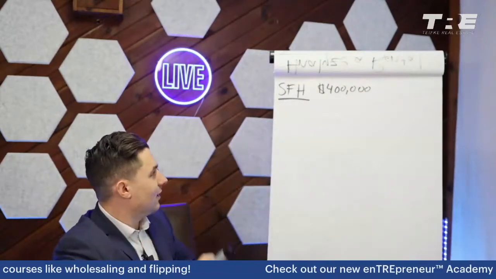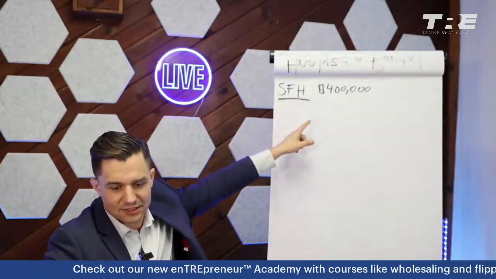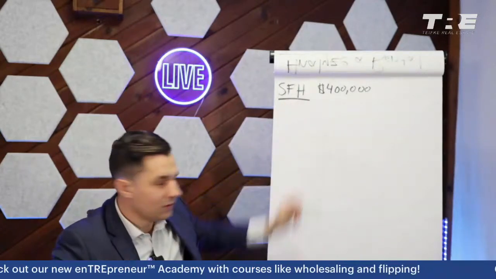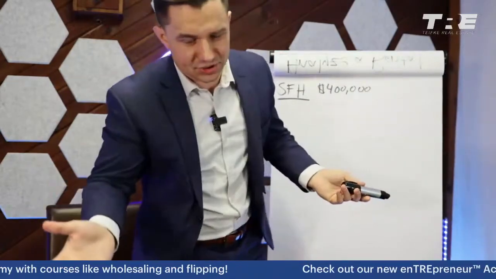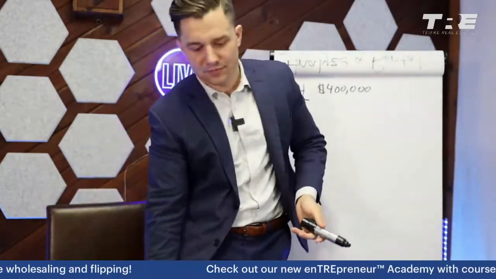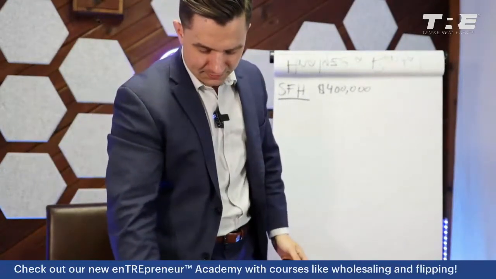We're also on LinkedIn. All right, so if it's worth $400,000, are we paying $400,000? The answer is no. So what's a good percentage to buy below market value? If it's worth $400,000 and as is condition, what price do you want to pay?